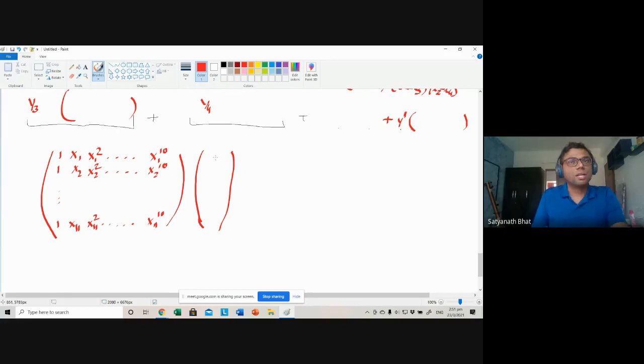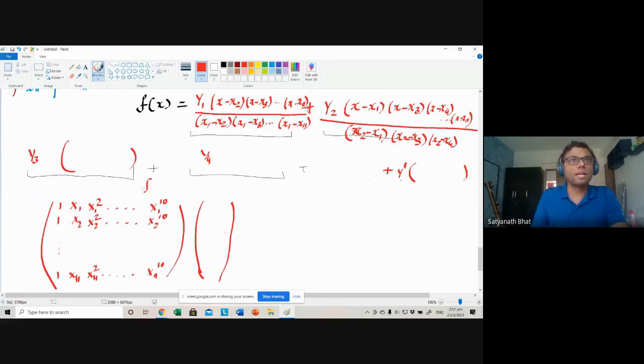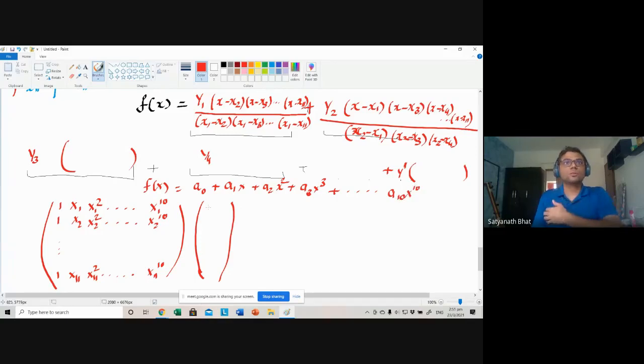The unknown is that you want to find an f of x equal to a0 plus a1x plus a2x squared plus a3x cubed, all the way till a10 x to the power of 10. So this is your a0, a1, all the way till a10. This should be equal to y1, y2, all the way till y11.